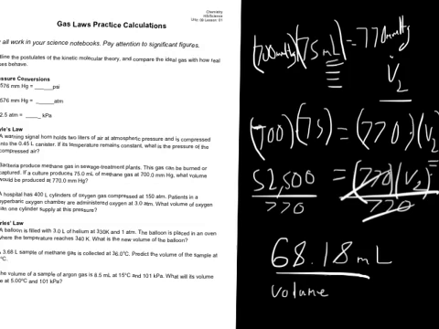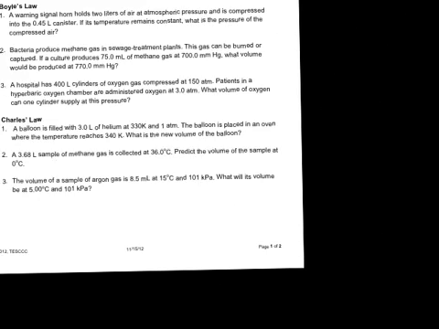But we need to go on and do the Charles Law problems, and I'm going to do the first Charles Law problem and let you do the final 2 Charles Law problems. Charles Law is a relationship with gases between temperature and volume.